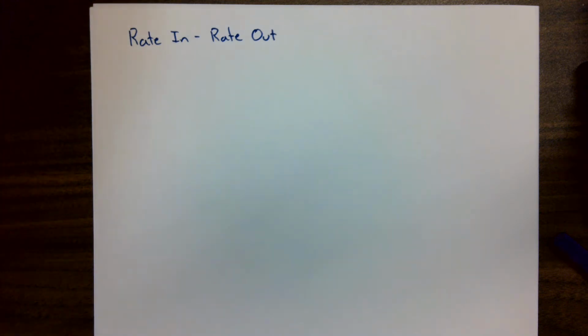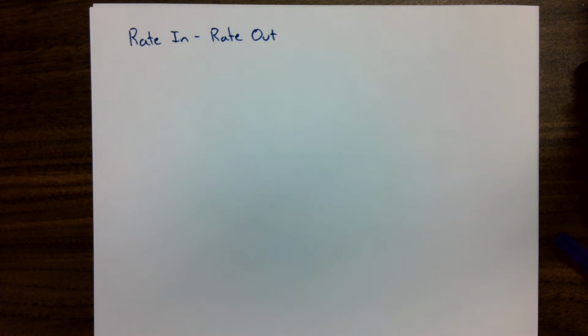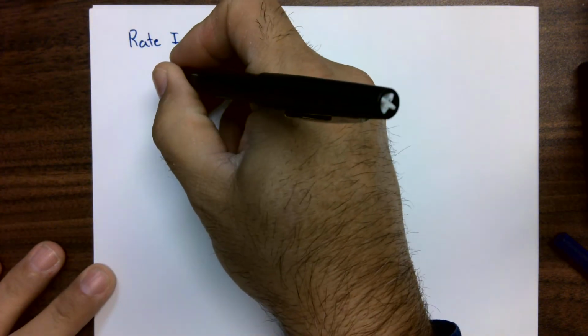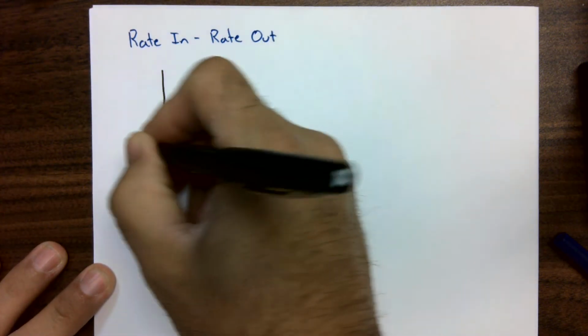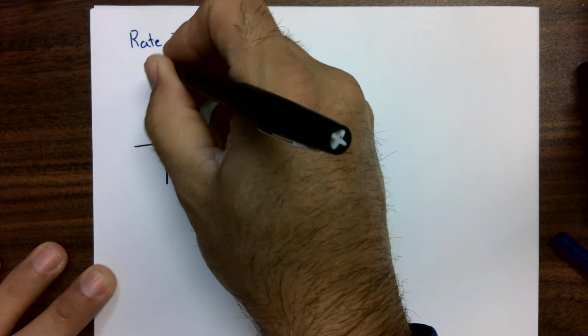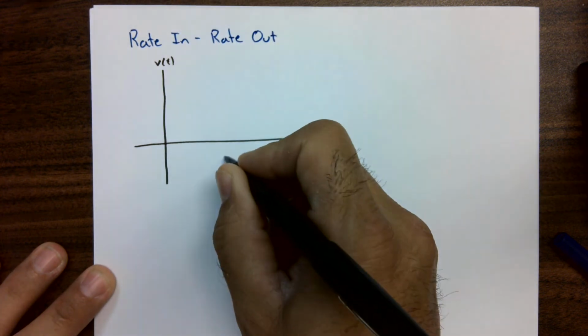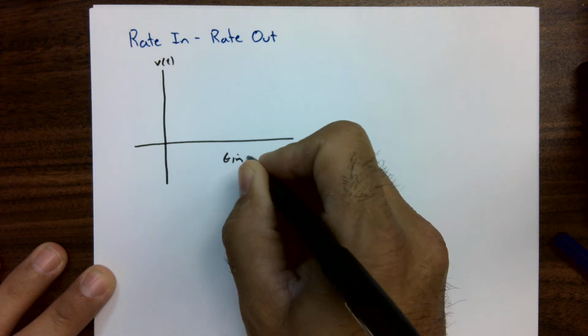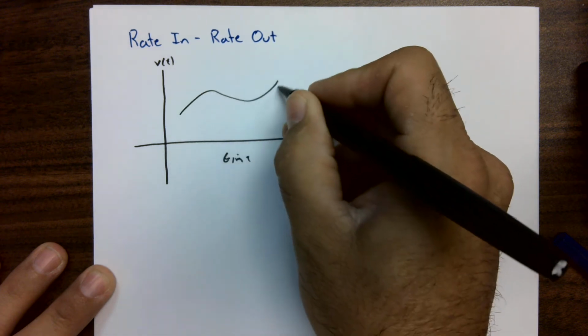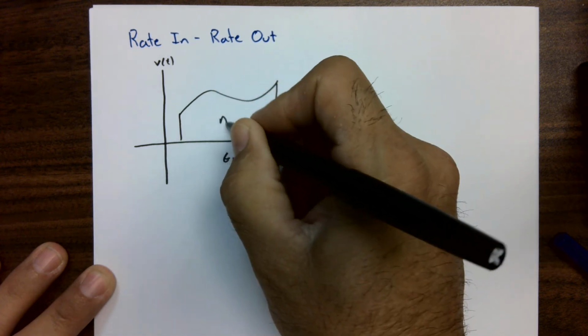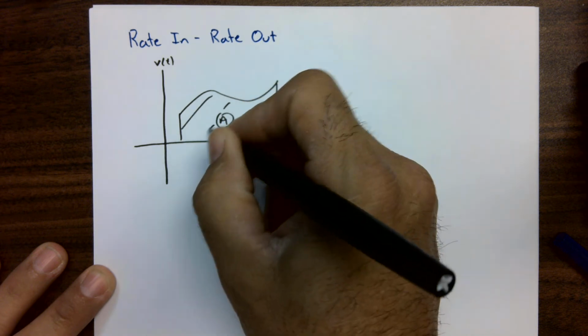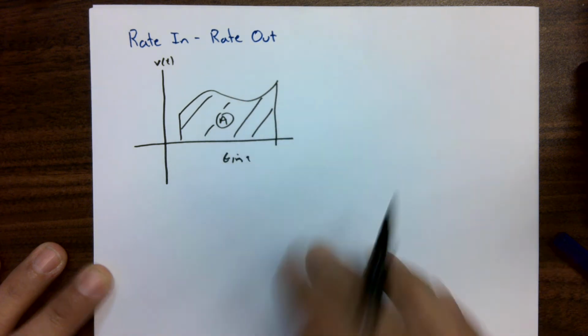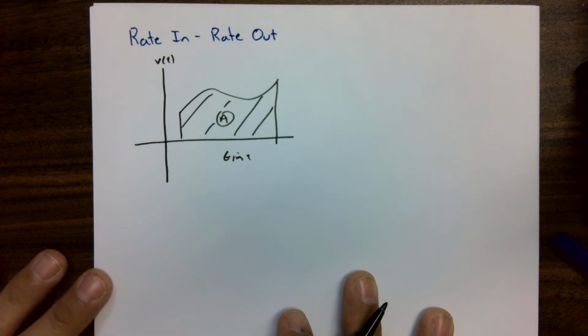And I'll kind of give you the overview of what's going to happen here. It's going to be analogous to if we had a velocity versus time curve, and we had the function, and we found this area right here. And if it's above the x-axis, that's going to be the total distance traveled.